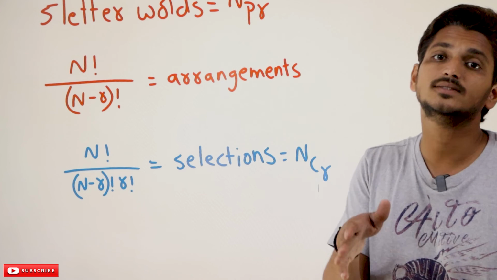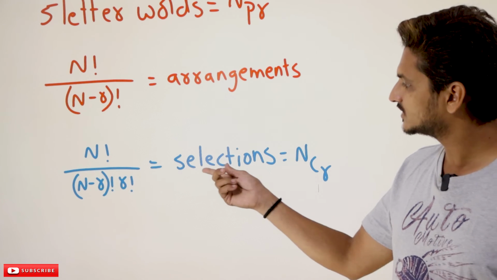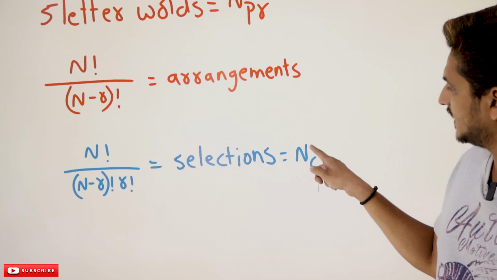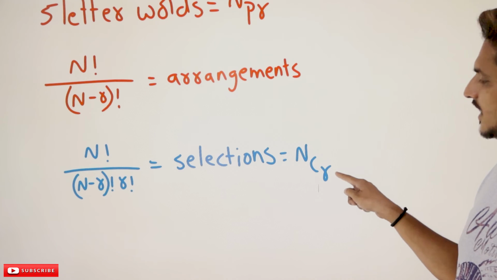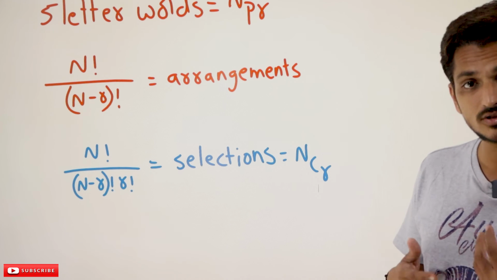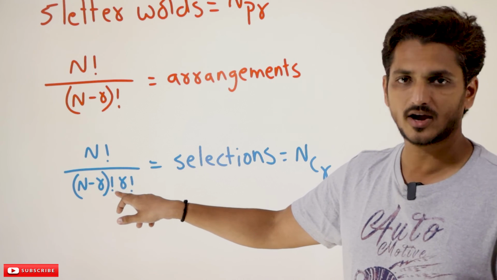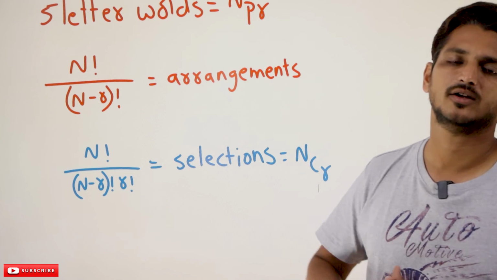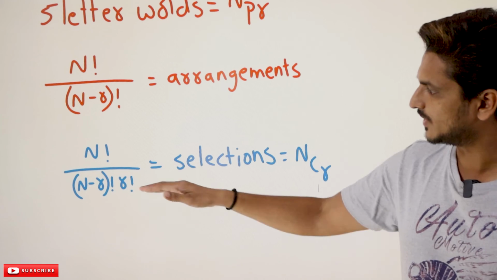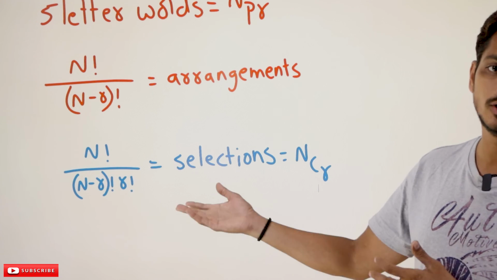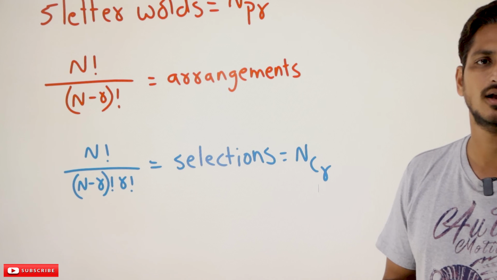You are going to get the selections. This is what the selections formula means, the combinations formula. This is given as nCr. So what's the formula for nCr? n factorial by n minus r factorial multiplied by r factorial. So the multiplication is in the denominator, not for the whole thing. Means we are going to divide by r factorial.